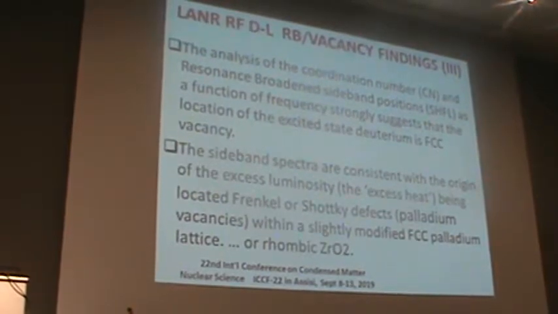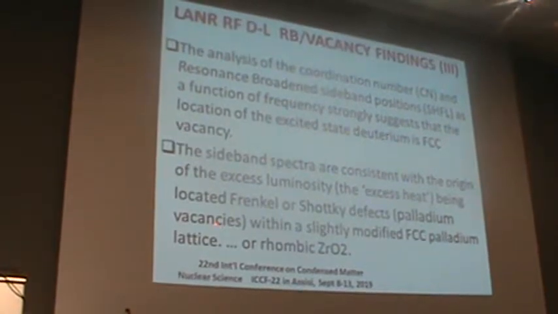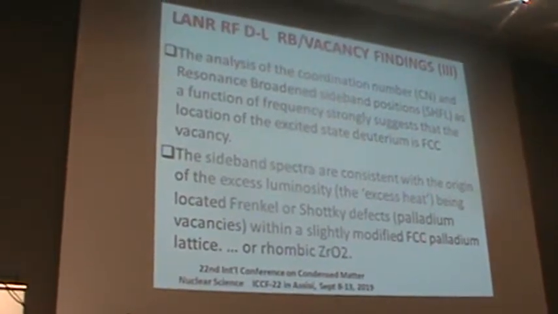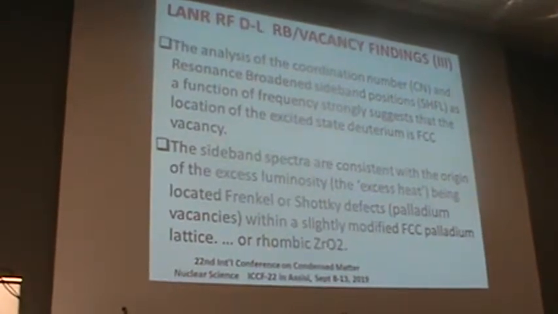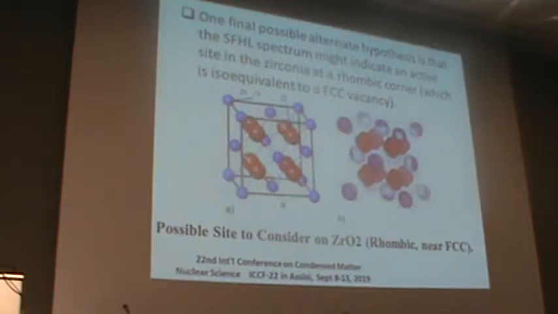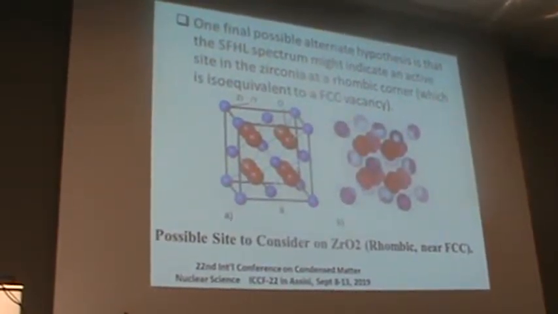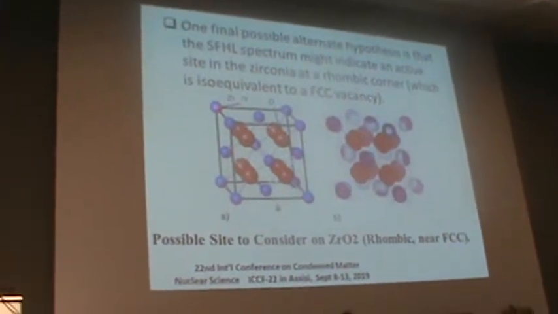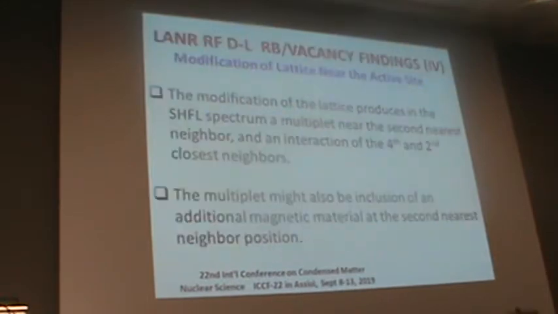So it's either a Frenkel or Schottky defect within a palladium vacancy, which is slightly modified, as I showed you, for the second closest neighbor, or in the rhombic case of zirconium oxide. And here, for example, is zirconium oxide that shows you one of the forms that it occurs in has a similar state. So we have a vacancy here, or in the equivalent of the palladium.